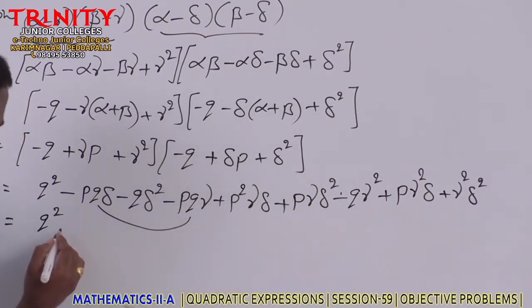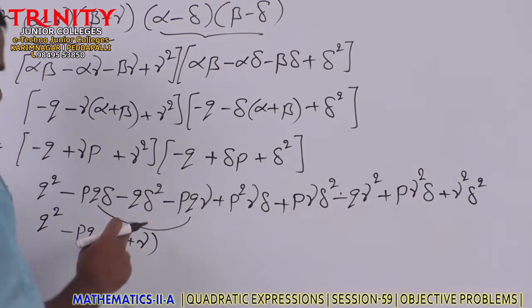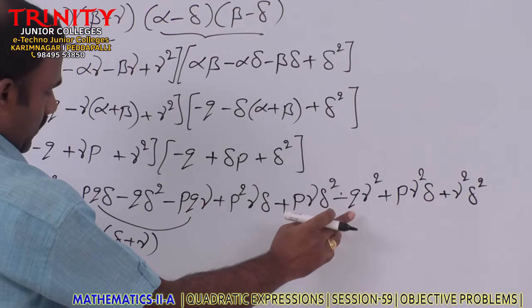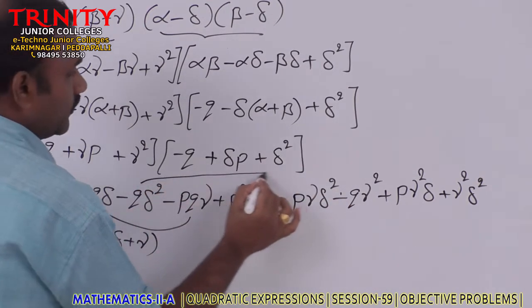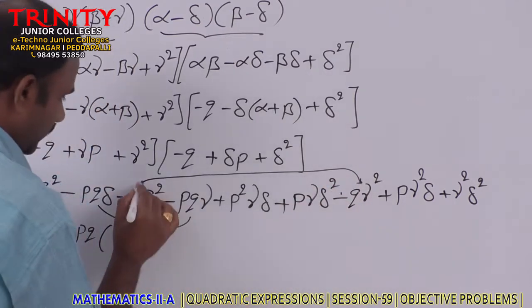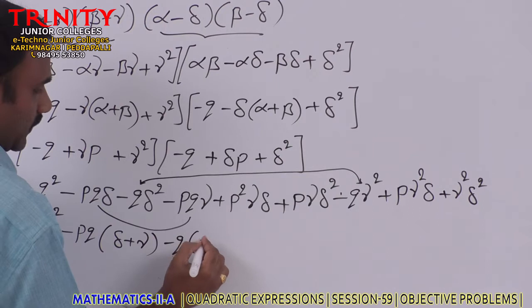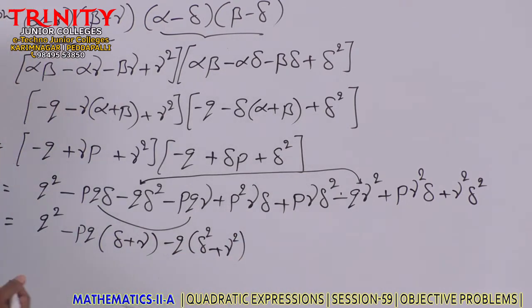From these two take minus pq common, then it is delta plus gamma, and then next here we have minus q delta square minus q gamma square. From these two, minus q common, gamma square plus delta square, right?